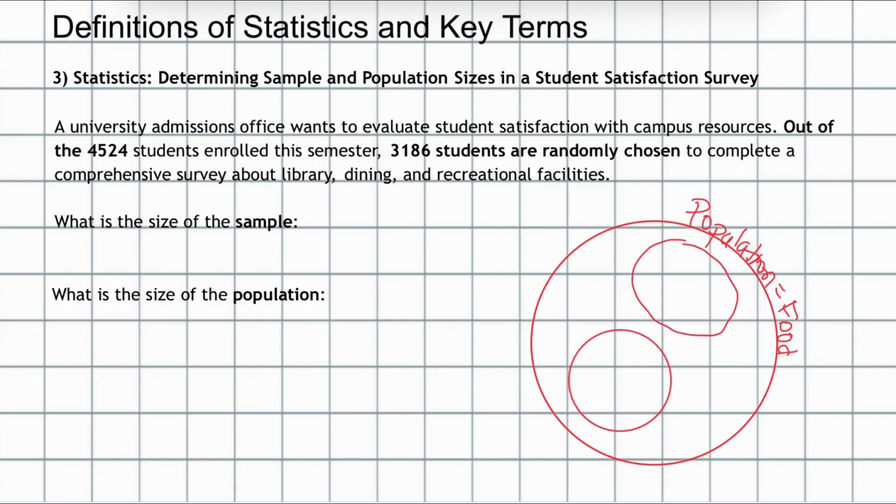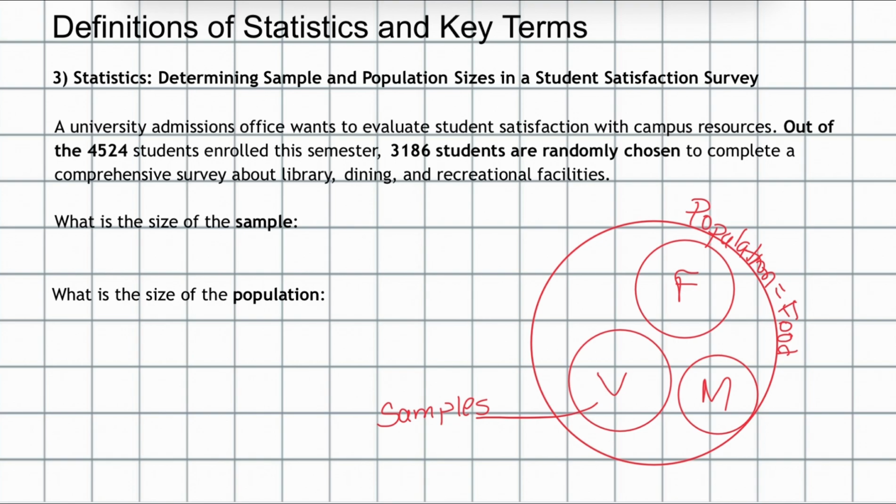Let's say there are vegetables, fruits, meat, grains, and so on. So this is considered the sample. Each one of them is considered a different sample.